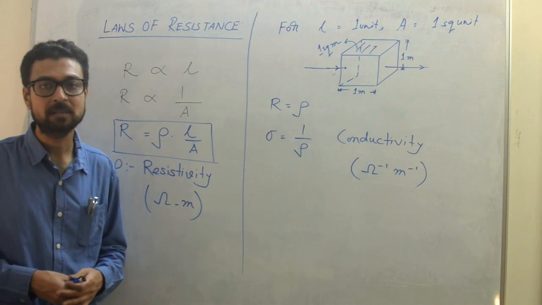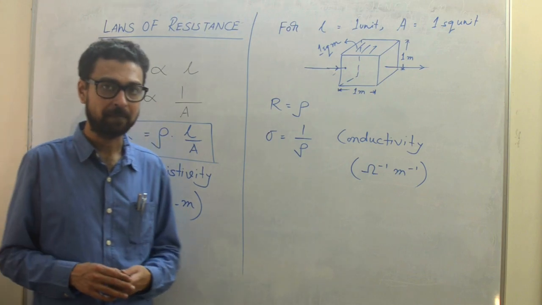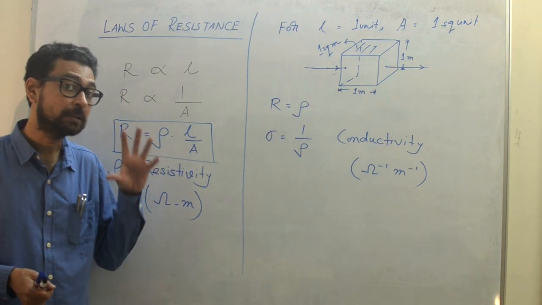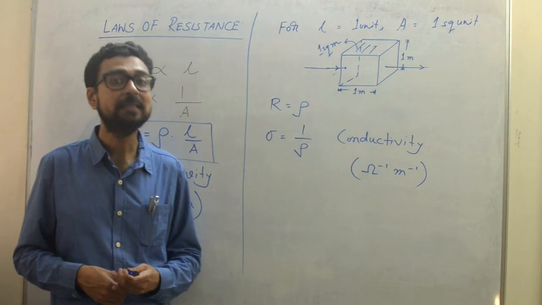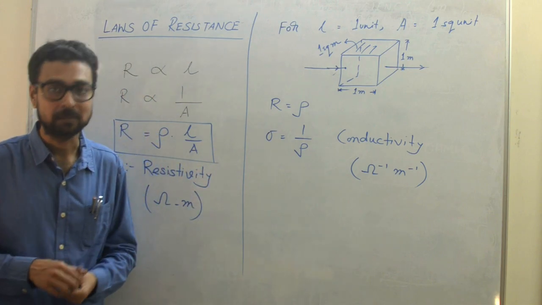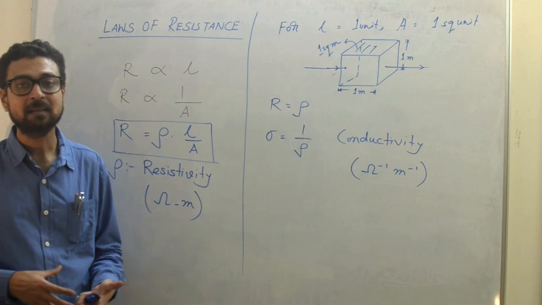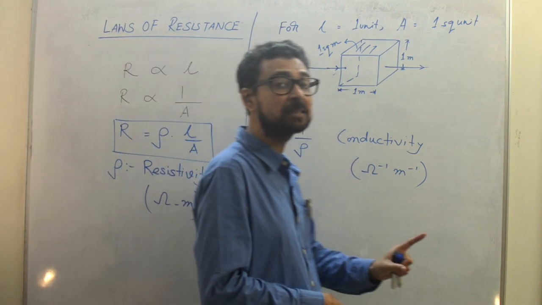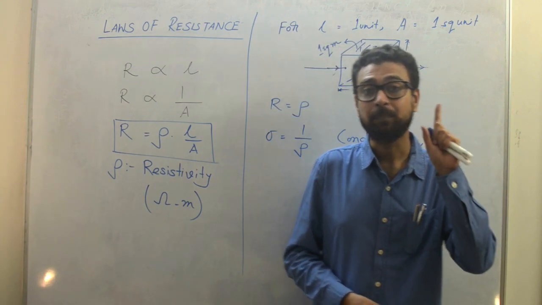The only thing on which the resistivity does not depend, I repeat, is the physical state or the physical dimension of the conductor. That means the length or the area. Resistance is dependent on length or area. Resistivity doesn't. Please remember this.